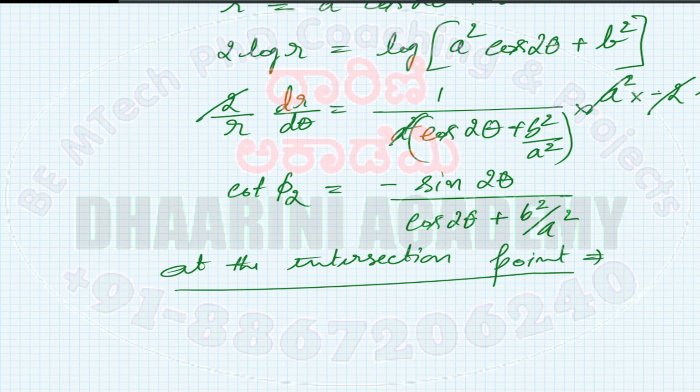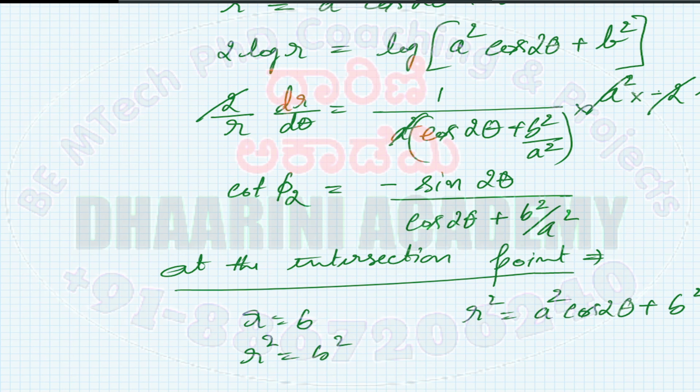Now the first function is r equal to b and the second function is r square equal to a square cos 2 theta plus b square. Now I cannot equate both of them directly because first one is simply b, which is r. So I have to take the r square, then only I can equate r square equal to b square.